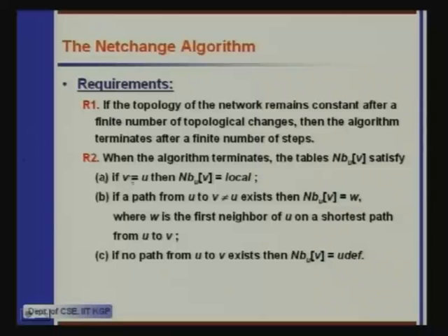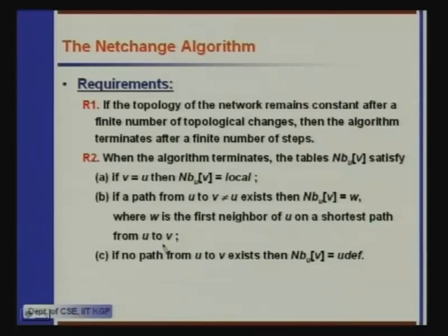Now, when the algorithm terminates, then the algorithm guarantees that the tables NB_u[v] satisfy that if v equals u, then NB_u[v] is equal to local, that is, if the packet has arrived, then it will be delivered locally. If a path from u to v, where v is not equal to u, exists, then NB_u[v] is equal to w, where w is the first neighbor of u on a shortest path from u to v.